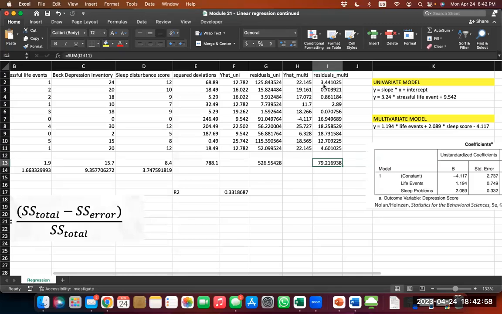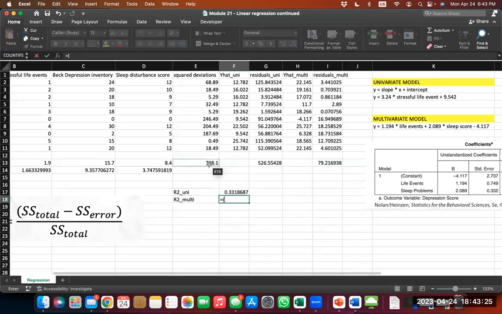Why is it smaller? It's smaller because we have an additional variable predicting our Beck Depression Inventory score. That means the leftover error that we quantified here as 526 is now, after inclusion of the sleep disturbance score, only 79. If we calculate the corresponding R squared, we will see that our model now explains substantially more of that variability of the error than the previous attempt.